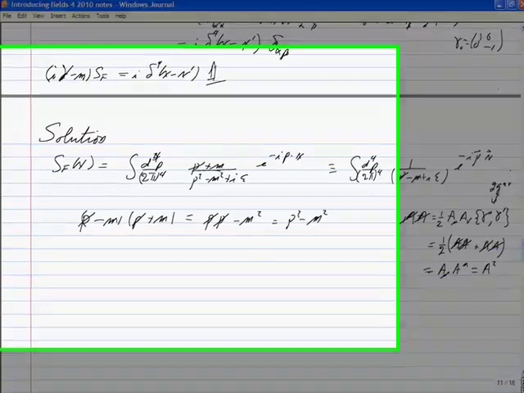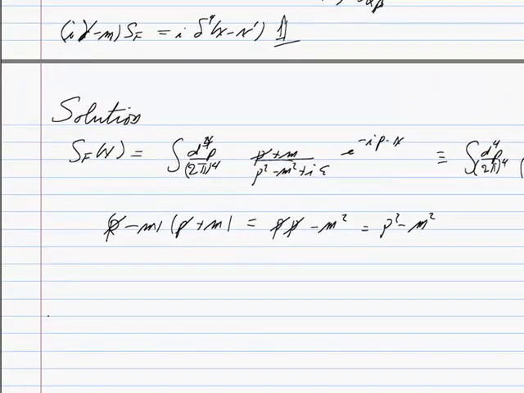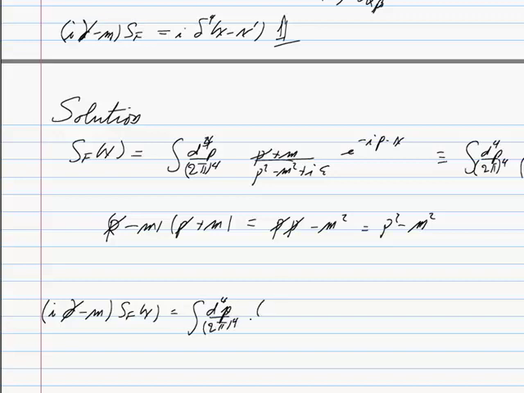And then the last thing I needed to show is if I take (i d slash minus m) S_F of x, well, that's an integral d4p over 2 pi to the fourth. The derivative brings down a p slash, so it's p slash minus m times p slash plus m, over p squared minus m squared.